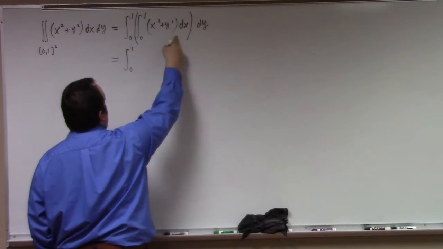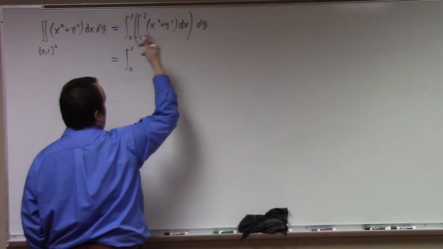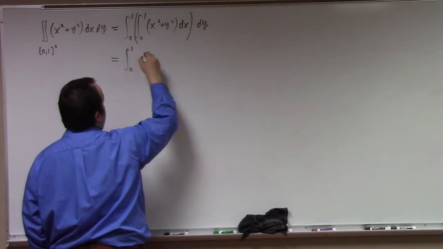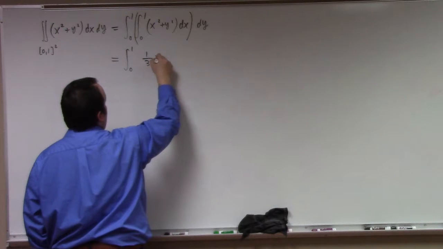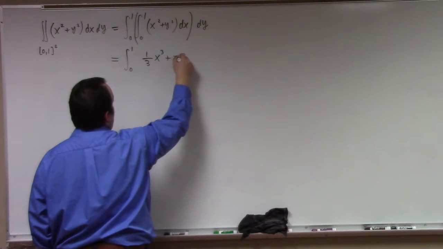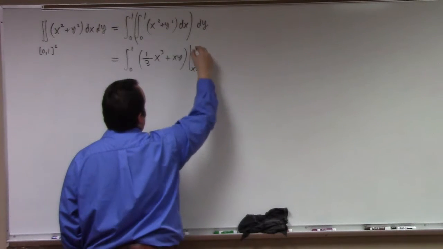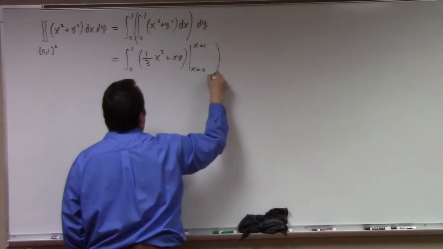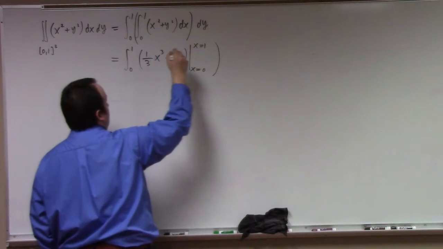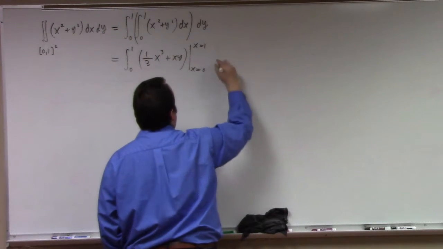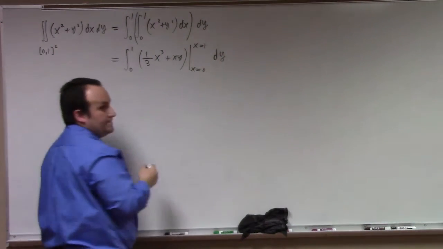You integrate with respect to x holding y fixed is how this works, okay? So that's 1/3 x cubed plus xy, right? Evaluated from x equals 0 to x equals 1. And then after all that's done, I still have to do what? The y integration, right? Yep.